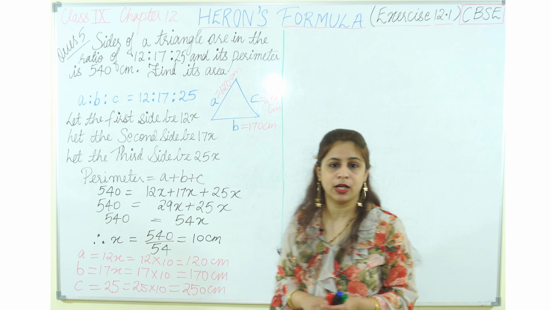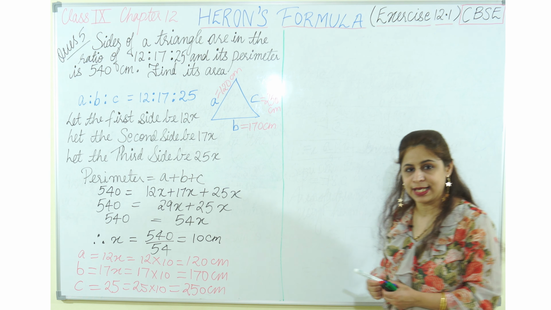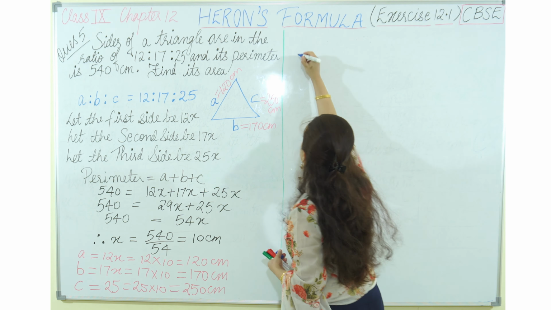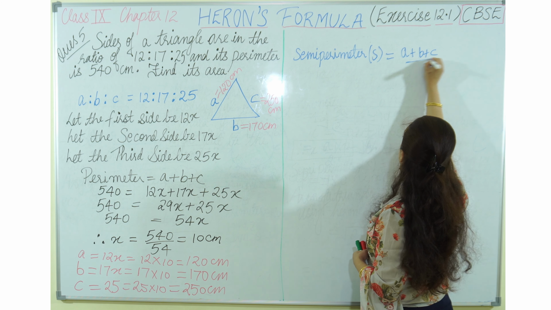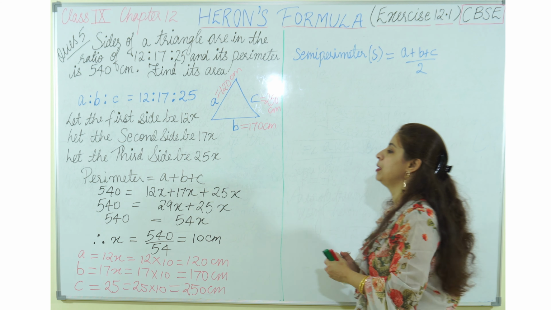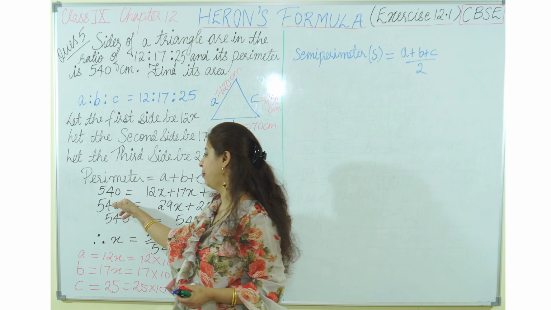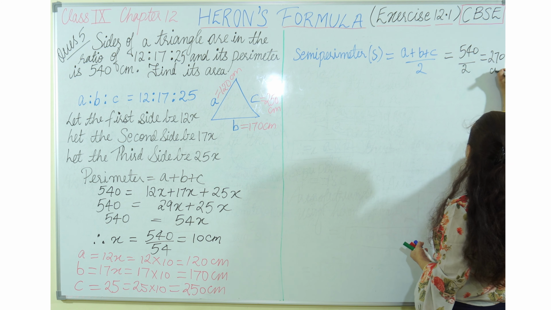So let us first find the semi-perimeter, the value of S. The semi-perimeter S will be equal to A plus B plus C by 2. Already we have the perimeter to be 540, so our semi-perimeter will be equal to 540 upon 2, that will be 270 centimeters.